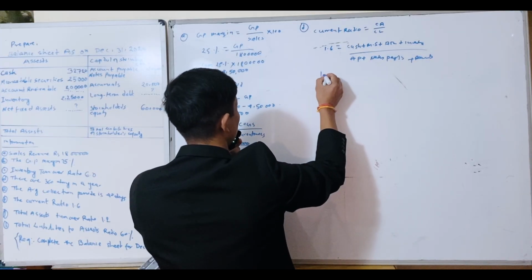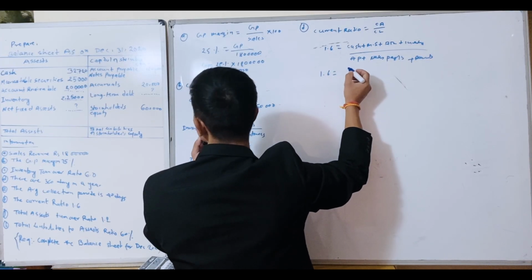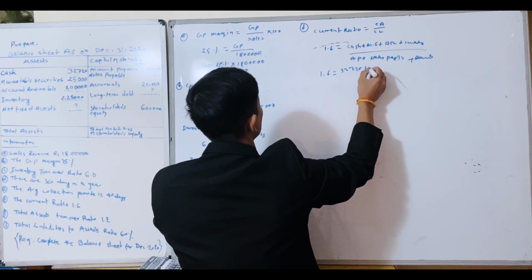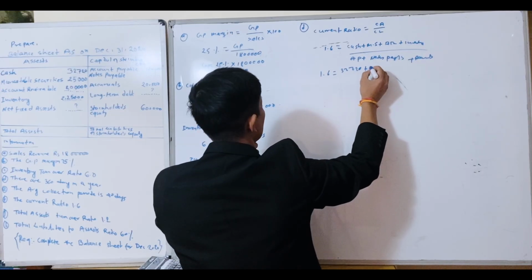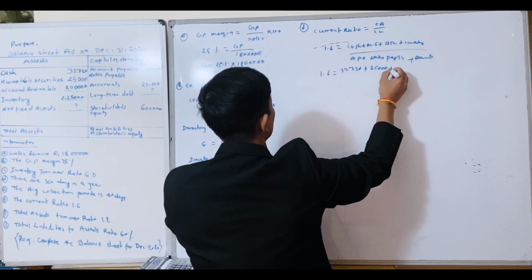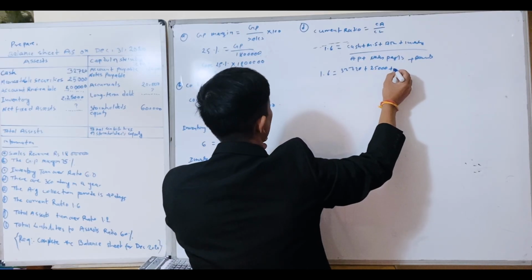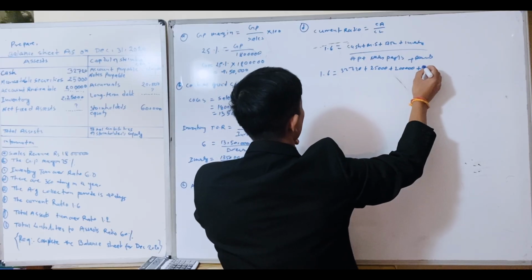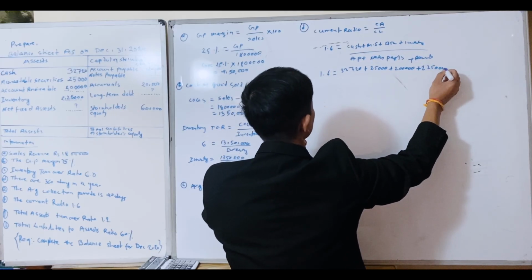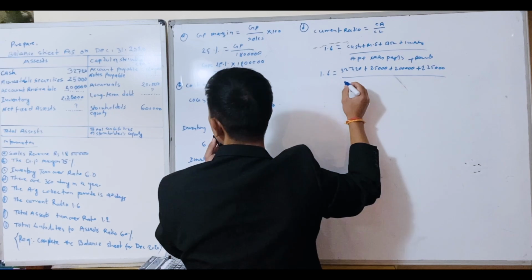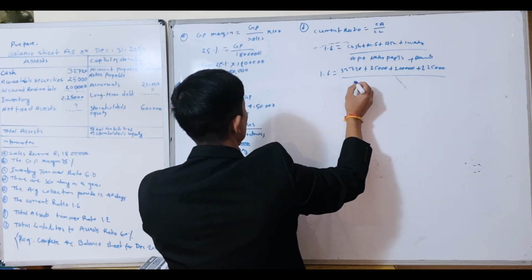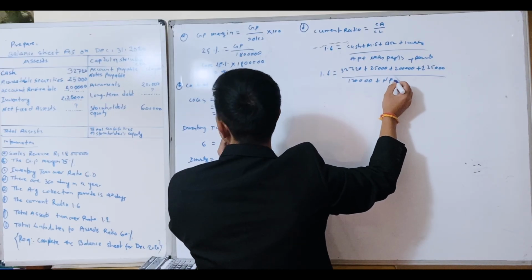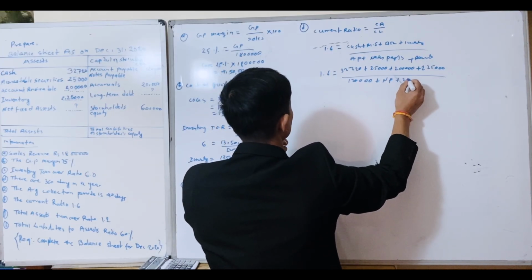So let's put all the figures over here. We know the cash is 32,720 plus marketable securities is 25,000. Account receivable which is calculated 2 lakhs plus inventory is 2 lakh 25,000. Account payable we know 1 lakh 20,000. Notes payable we don't know, that we need to find out, plus accrual is 20,000.